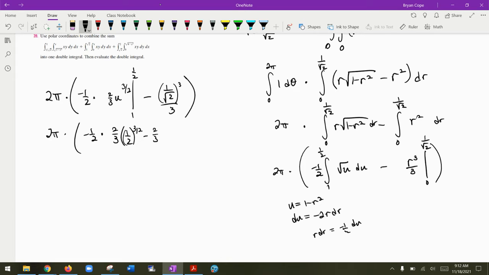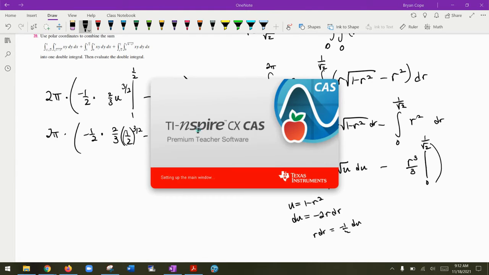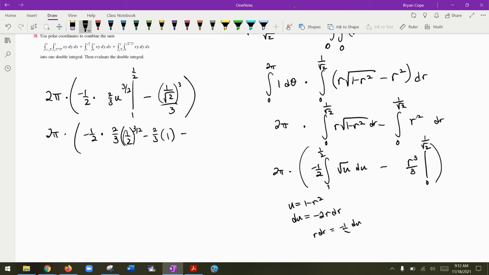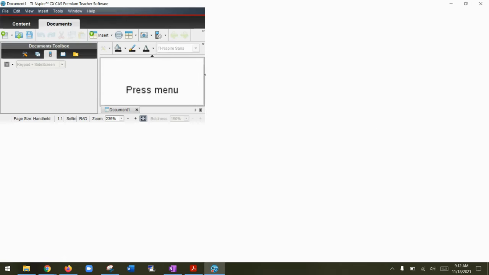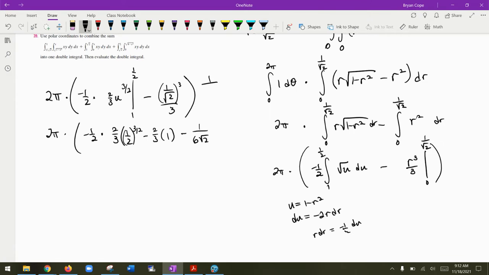Minus 2/3 times 1 minus whatever that is. Well, I'm going to bother with it, I guess. 1 over 6 root 2. Did I do that right? So it would be 1 over root 2 to the 3rd, which is 1 over 2 root 2. I'm pretty sure that that's right. Okay. So, no idea if that's right.